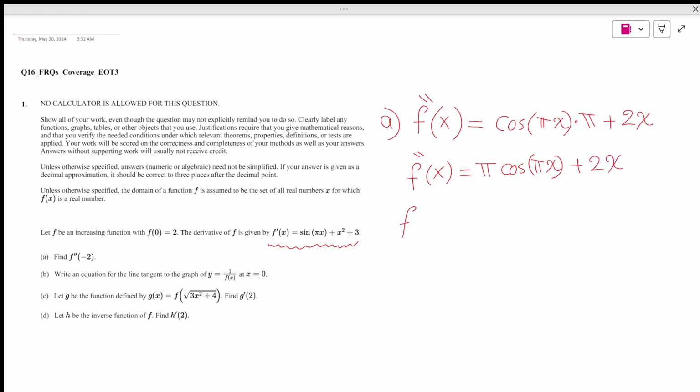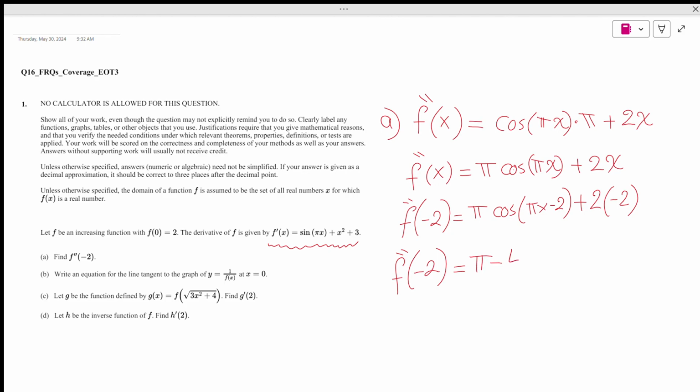Now f double prime of negative 2 is equal to pi cos of pi times negative 2 plus 2 times negative 2. So f double prime of negative 2 will simplify to pi minus 4. This is part A.